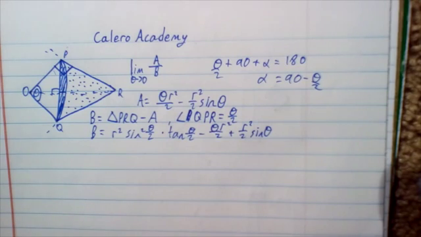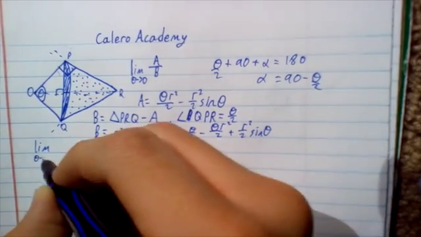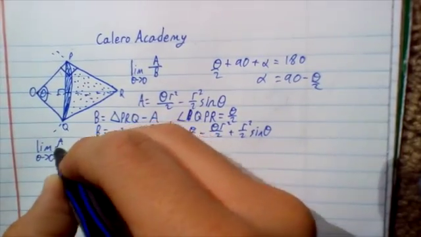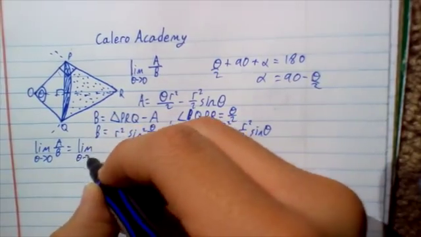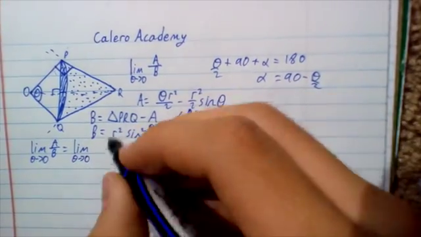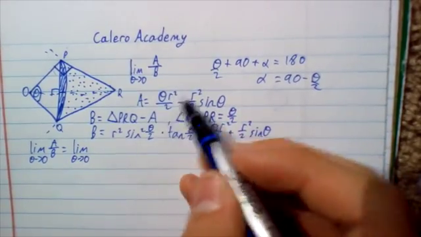Now, what do we do now? So it turns out that we are going to have to use L'Hopital's. And it turns out you need to use L'Hopital's a lot. So let's rewrite our limit. Our limit as theta goes to 0 of A over B is equal to the limit as theta goes to 0 of... and when we write this, let's just cross out all the r squareds.